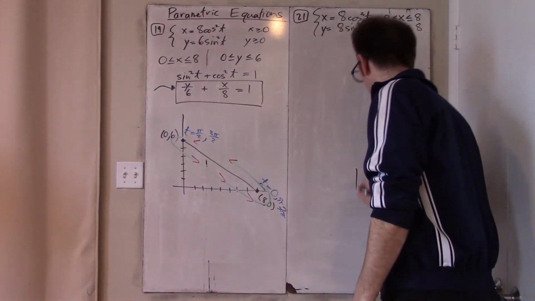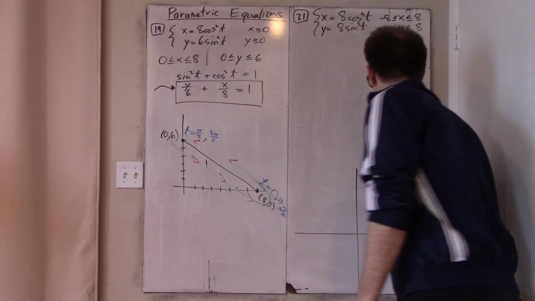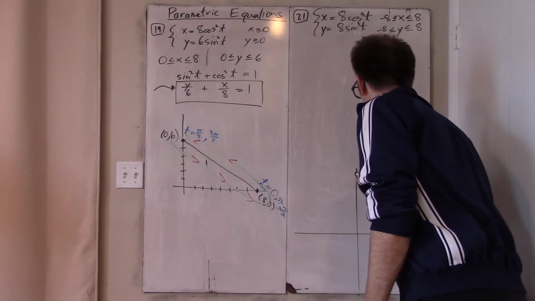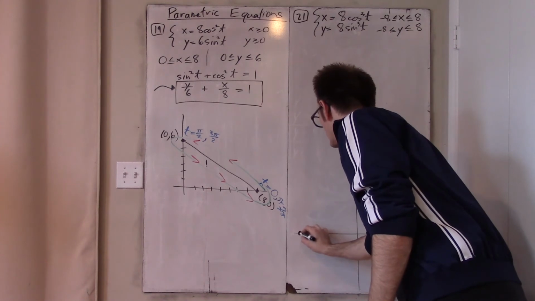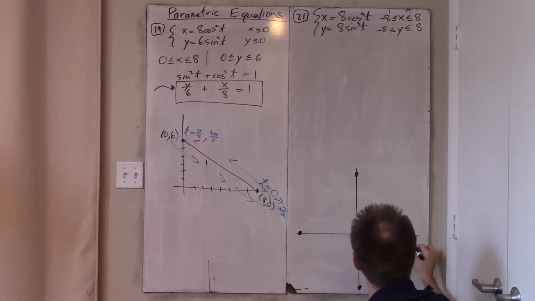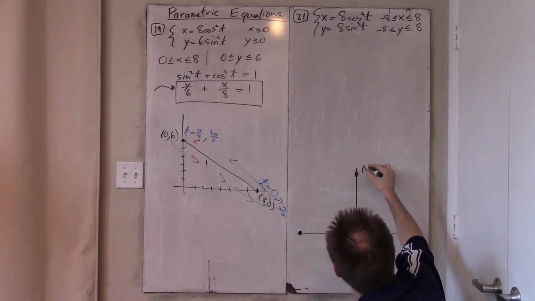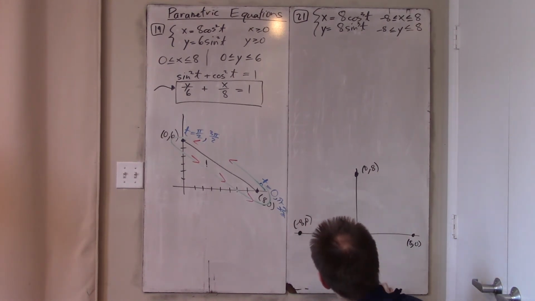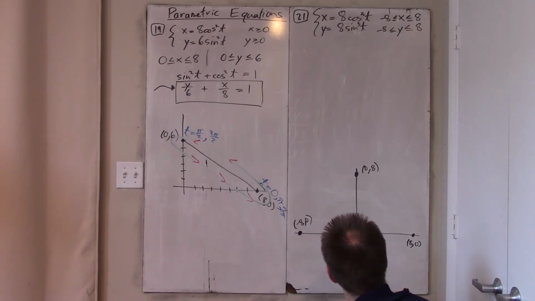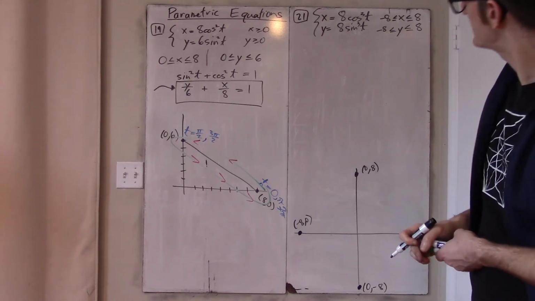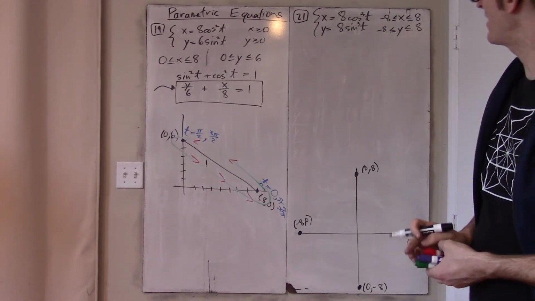And so maybe already I want to make my graph down here, because even if I don't know anything, I can still plot these 4 points: 8, 0; 0, 8; -8, 0; and 0, -8. How do I know we hit those points? Well, you just plug in some values, right?